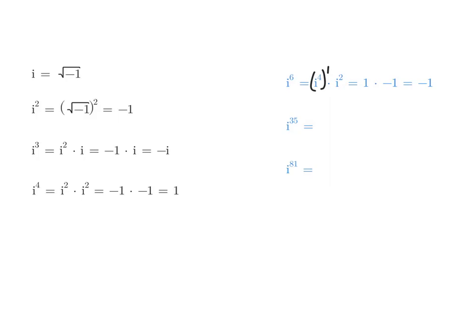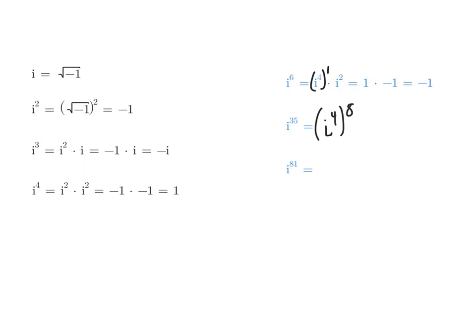So i to the 35th, let's look at that one. How many times does 4 go into 35? 8. How many left over? 3. Okay, so here's the way to think about this. This is i to the fourth to the, how many times does it go into 35? 8.